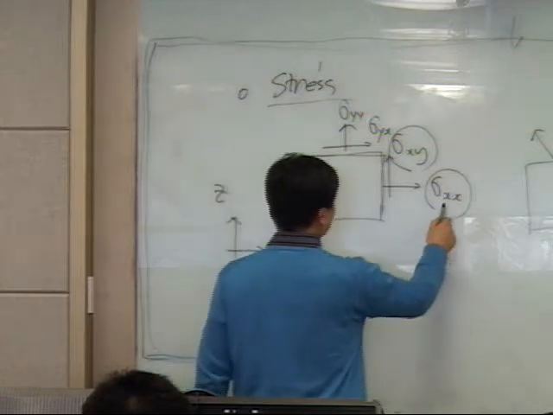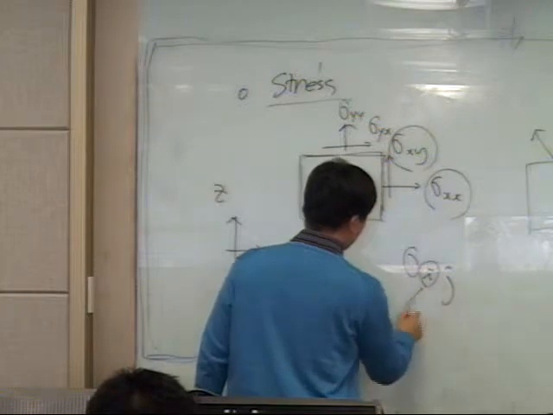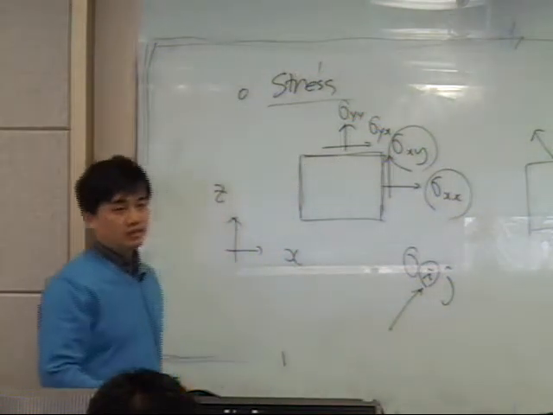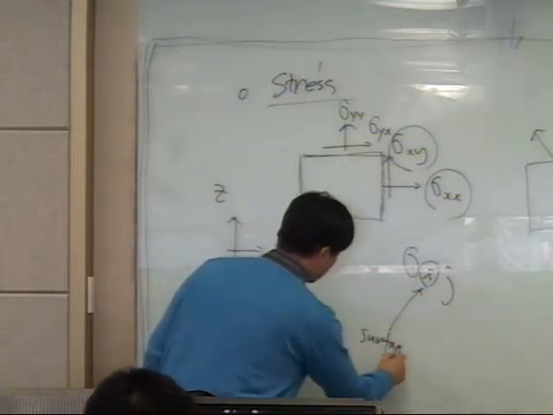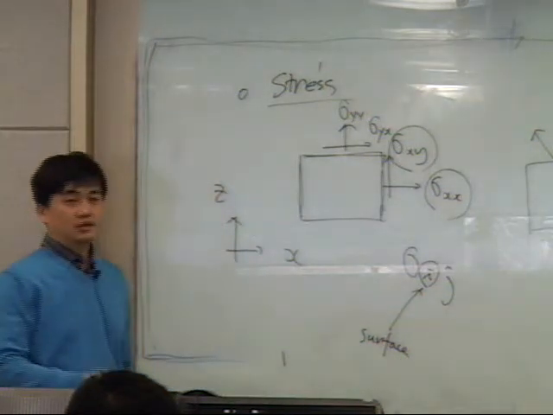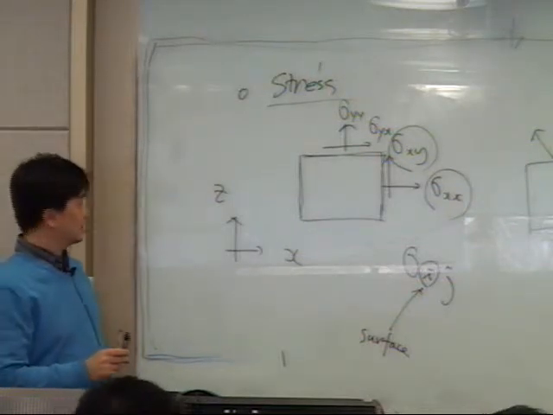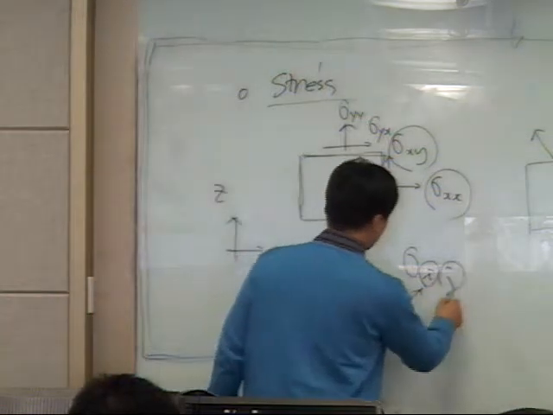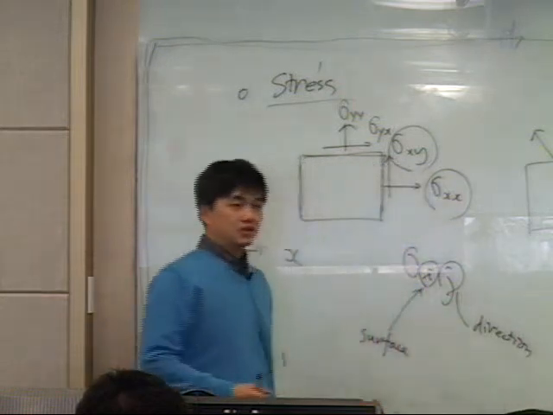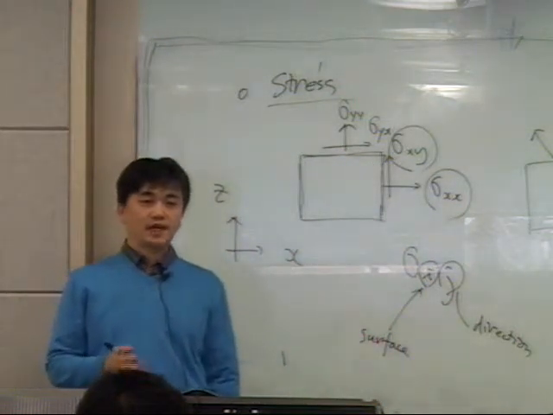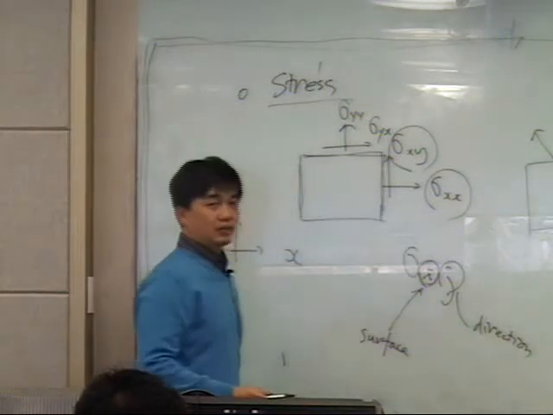If you look at this sigma ij, the first subscript means the surface where the stress acts, and the second is the direction. A surface can be defined by a vector, so this is a surface normal vector.